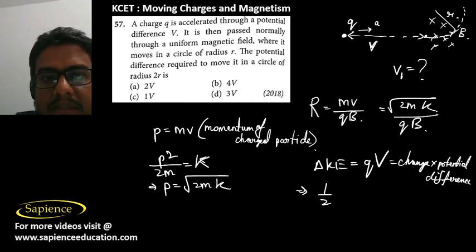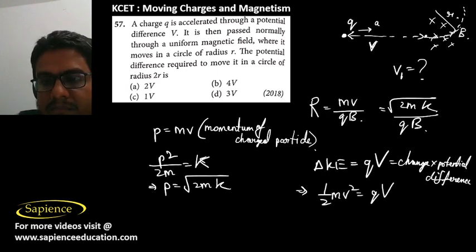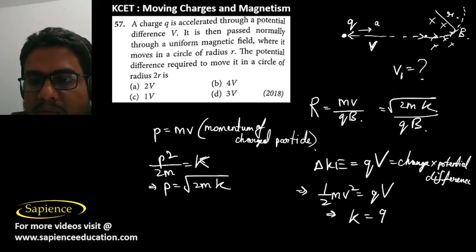So the gain in kinetic energy, which is half mv square, is equal to qV. So the kinetic energy is equal to qV.